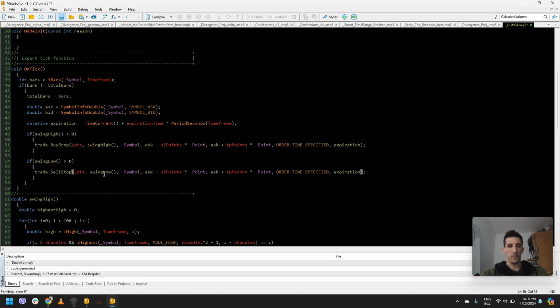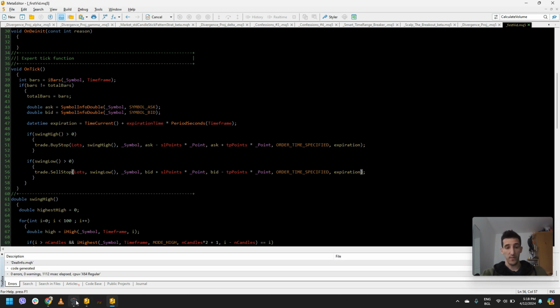Swing low. Yes, indeed. We will use the bid, and take profit will be below it and stop loss will be above it. Expiration. Okay, this seems good.